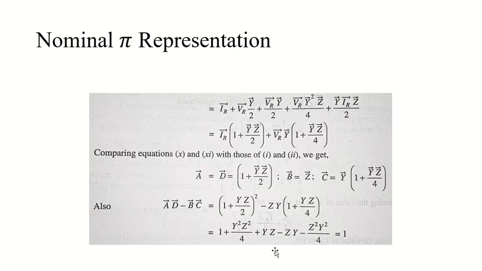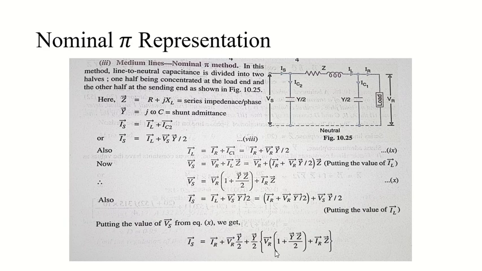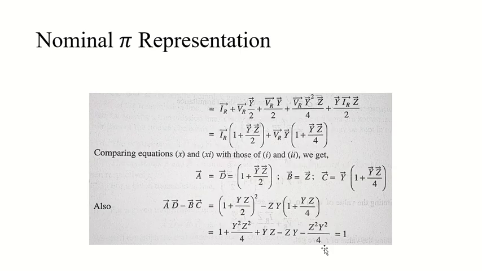Now we will try to simplify it. From here to here, we will keep IR as it is, VR y by 2 as it is. What do we do with this? We will simply multiply this with this. So what will we be left with? We will be left with VR into yz, VR into y by 2, then y square z by 4, and then IR into yz divided by 2.